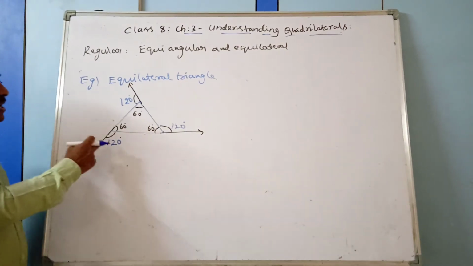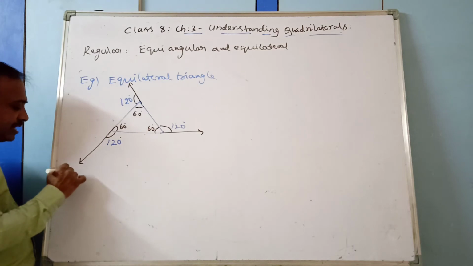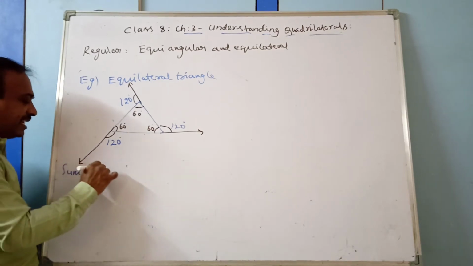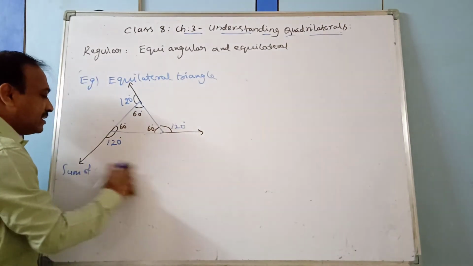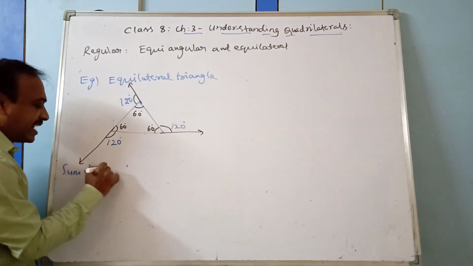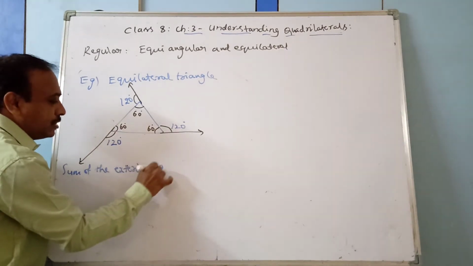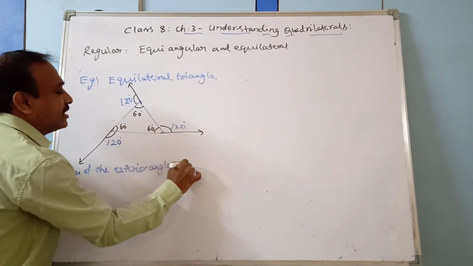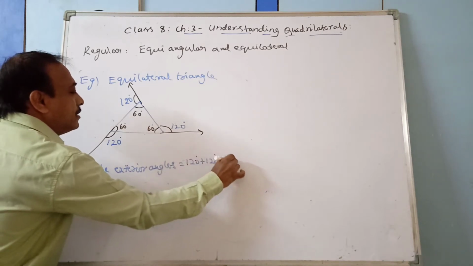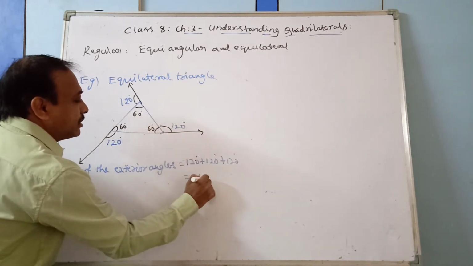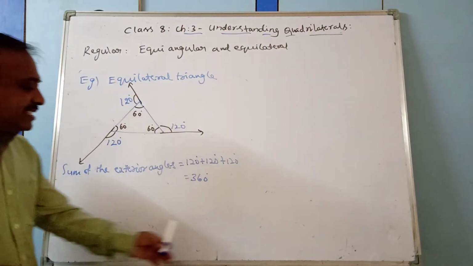The sum of the exterior angles is 120 plus 120 plus 120, which is equal to 360 degrees.